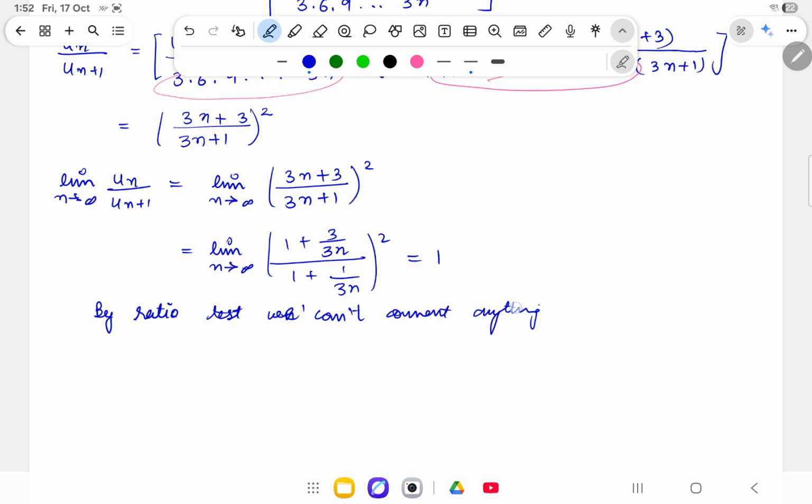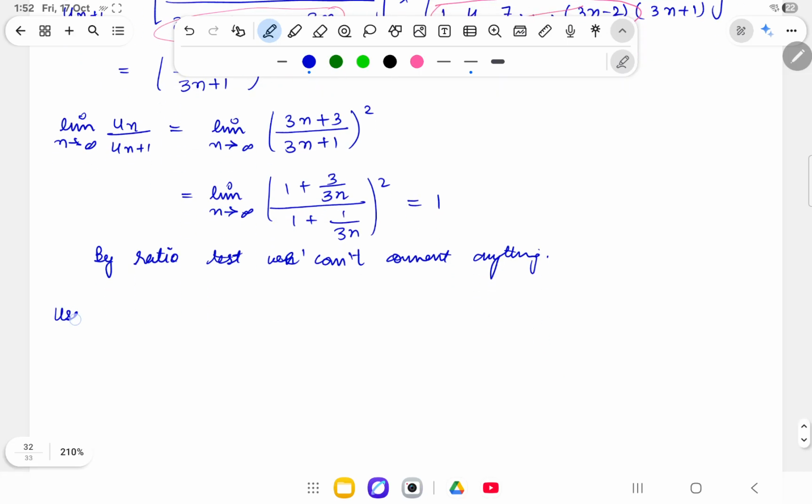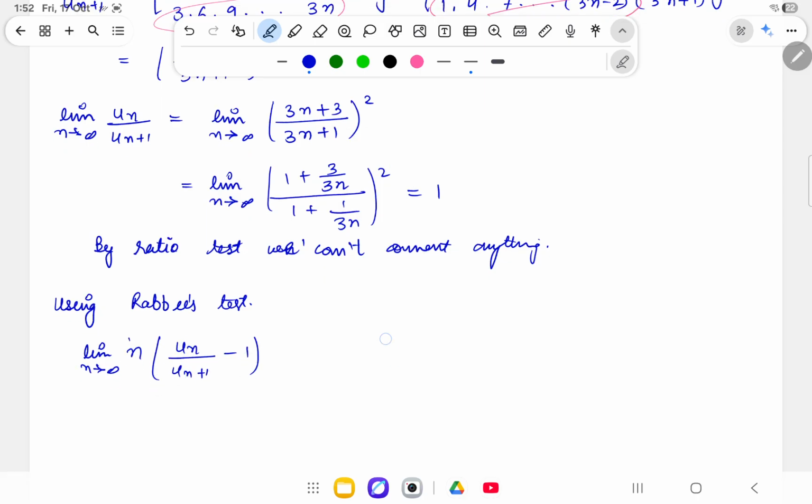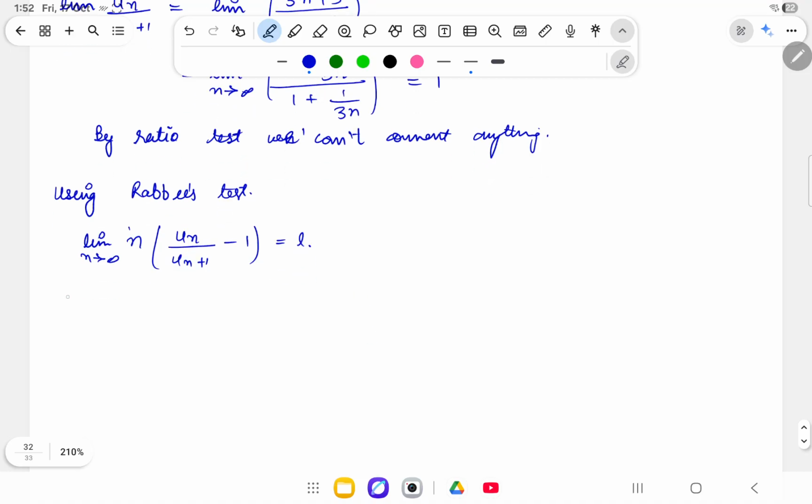So now let's use Raabe's test. Using Raabe's test, that says that for a series, if this limit, that is limit n approaches infinity n times un by un plus 1 minus 1, is equal to, let's say, L, then the series is convergent if this limit turns out to be greater than 1, if L is greater than 1, and divergent if L is less than 1.